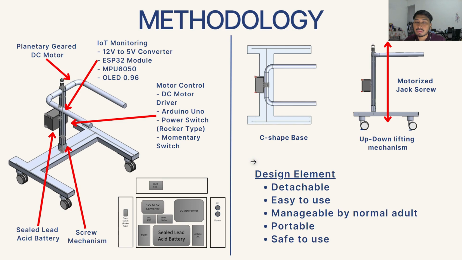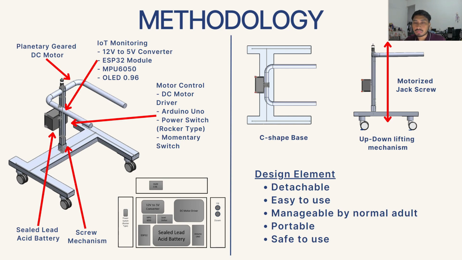Of course, it must also be portable, since we need to use this mechanism from wheelchair to car seat and vice versa. So we need to make sure that the transfer mechanism is not heavy, and the most important one is that it must be safe to use.